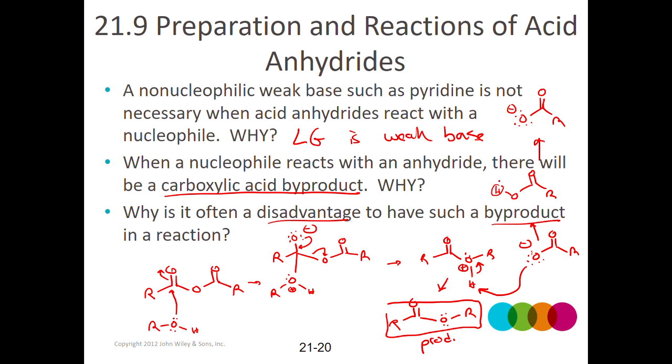Adding a base to the aqueous layer would pick off that proton and convert the byproduct I'm trying to remove into a charged species that would then be more soluble in the aqueous layer and it would be removed from the product. So the product would be in the low polarity like tert-butyl methyl ether layer, and the byproduct, which would be protonated when it picks up proton here, would be deprotonated by some kind of base to produce the carboxylate, which would be charged and then end up in the aqueous layer.